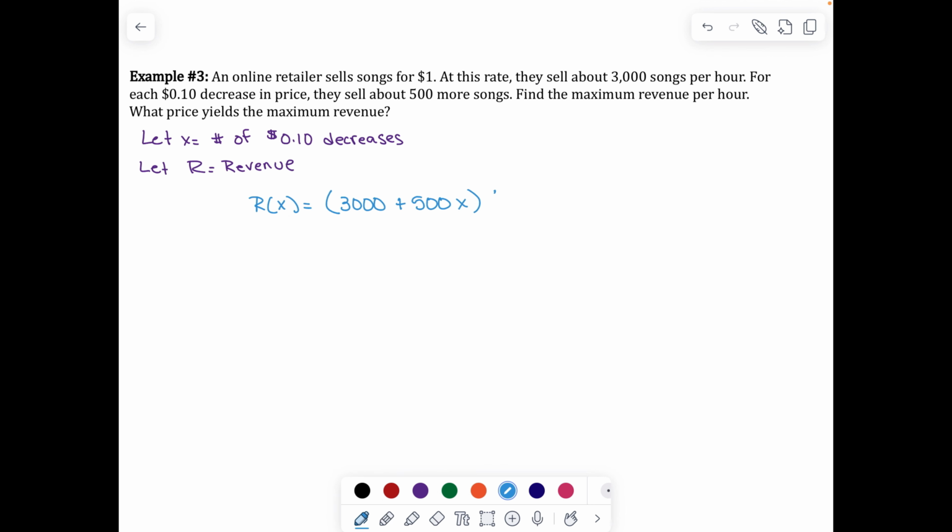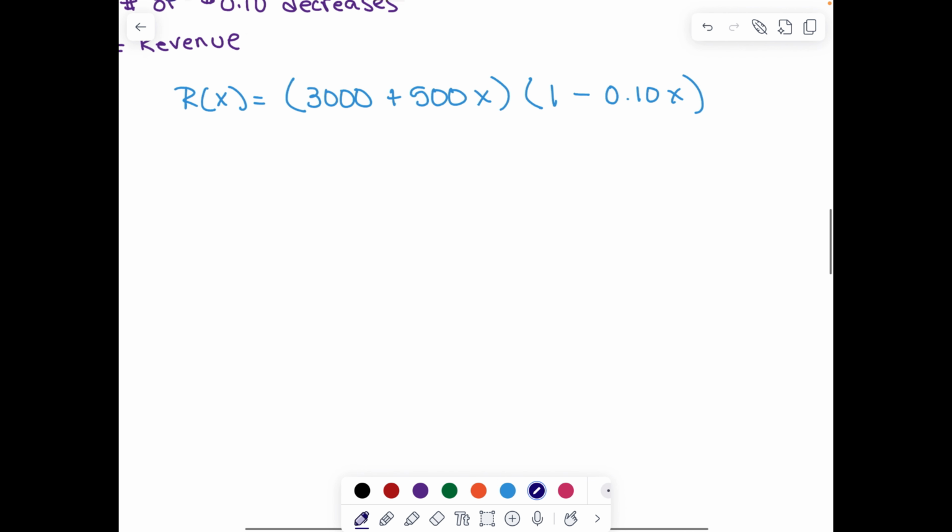So we're selling them for $1 minus 10 cents per decrease. So again, if we wanted to find the vertex, we could FOIL this out, set X equal to negative B over 2A. But it's just simpler to find our zeros and then find the average of our zeros.